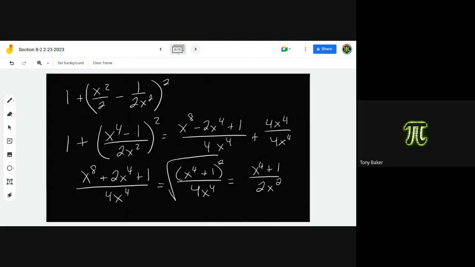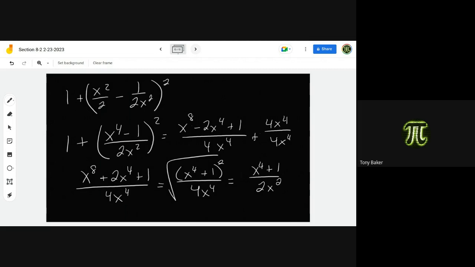Remember, when you have a square root, especially when there's fractions, a lot of times what you're trying to do is figure out a way to get rid of the square root, which means you need to get it in terms of something that's squared.